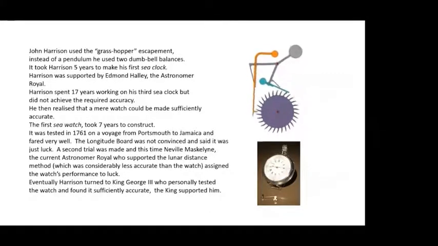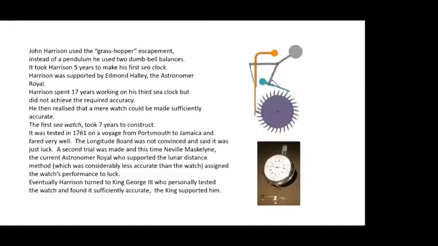During this assessment, the watch was found to be considerably more accurate than the lunar distance method. Once again, the watch performance was assigned to luck, and the Admiralty did not wish to pay the money. They also claimed that it was too complex to make and too expensive.